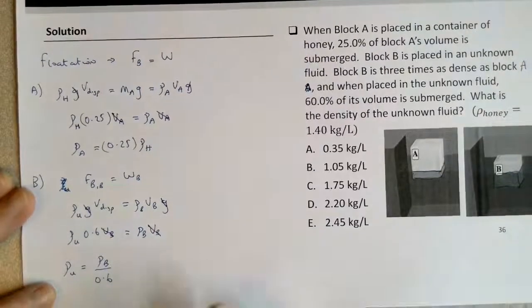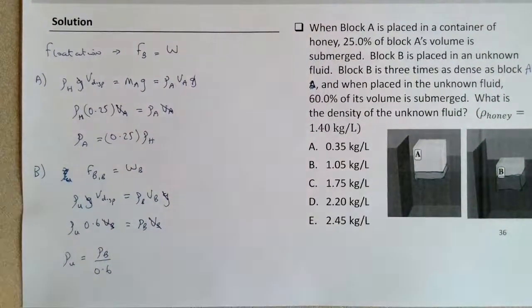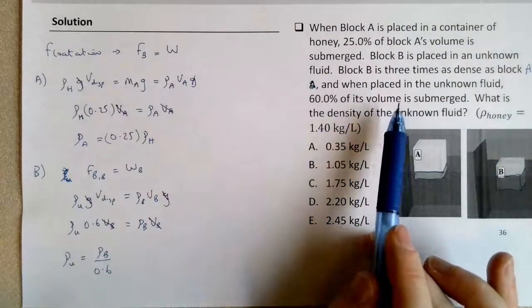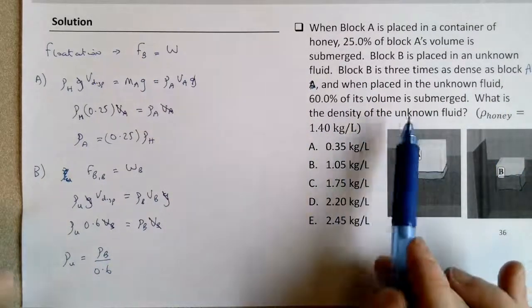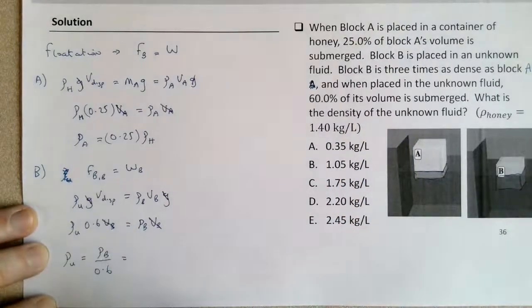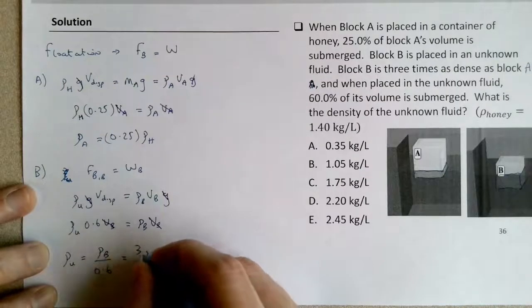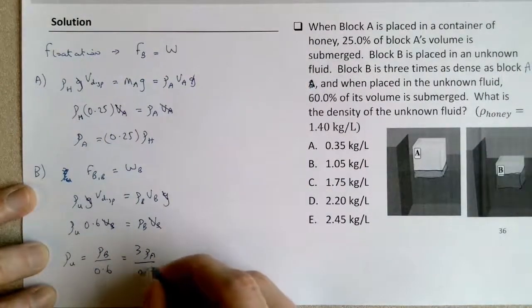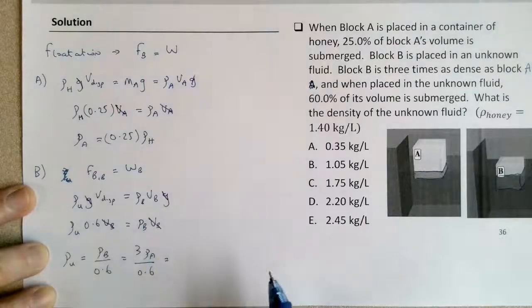And now we're almost at the final steps, because we can relate that rho B is 3 times the density of block A. So I can replace this rho B with 3 rho A. And we know rho A in terms of the density of honey.